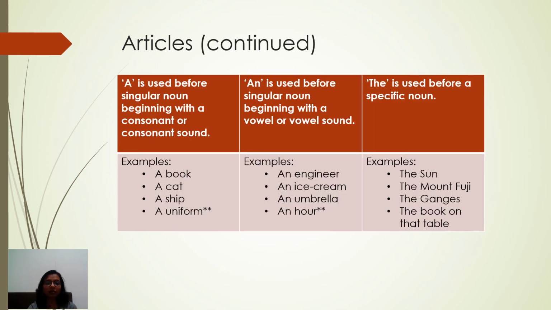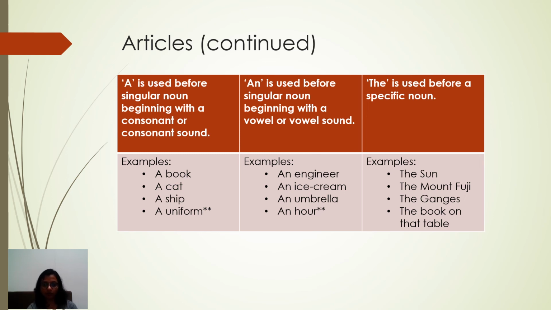Okay, so this slide just elaborates what we were talking about in our previous slide. A article is used before singular noun beginning with a consonant or a consonant sound. Example, a book, a cat, a ship.